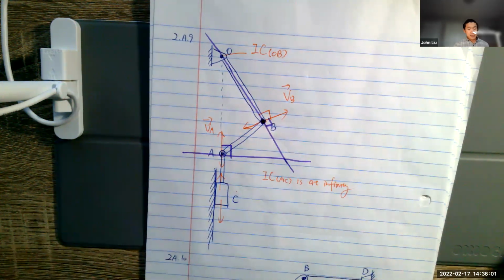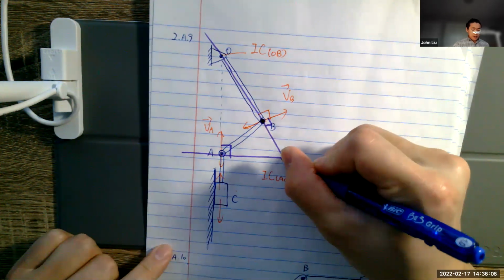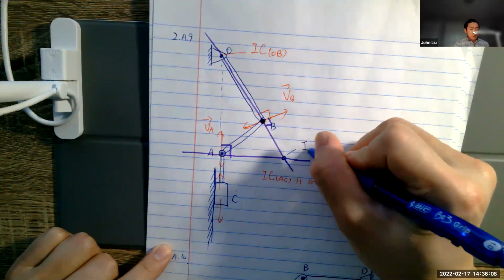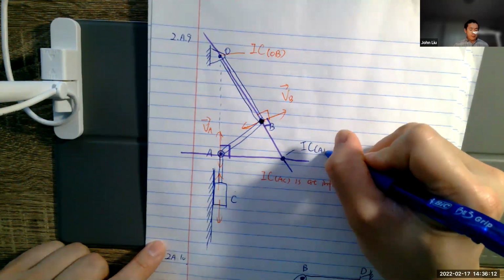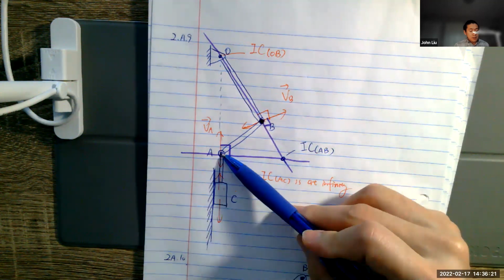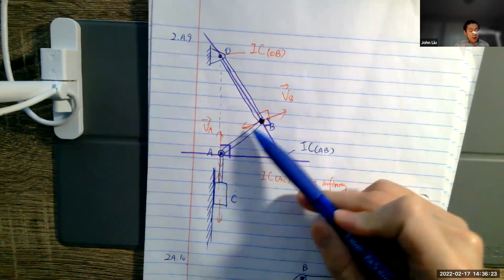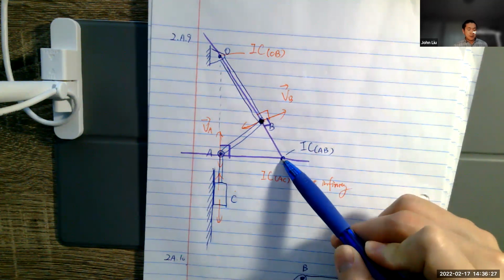Okay, we have an intersection right here. This intersection will be the instant center for AB. So that means at this moment, A and B, this bar, is rotating about this instant center.